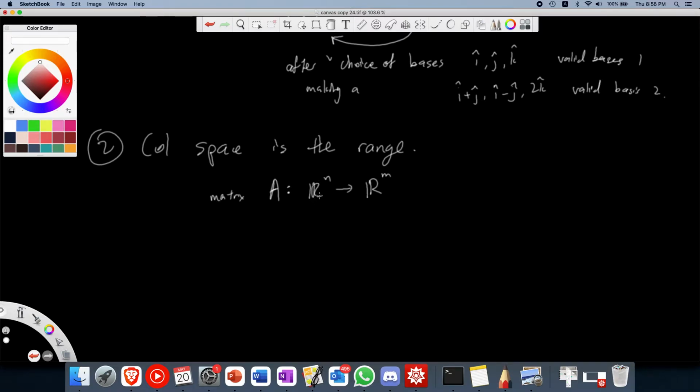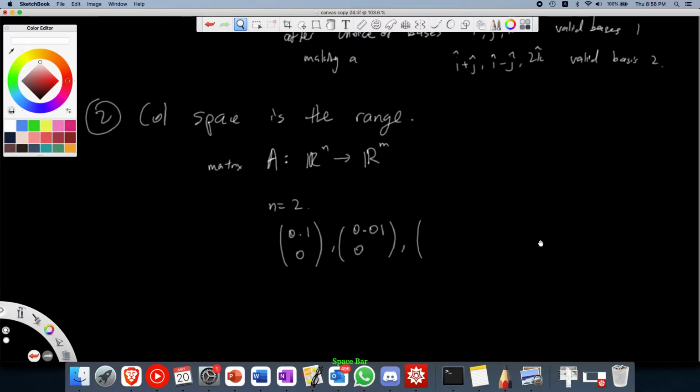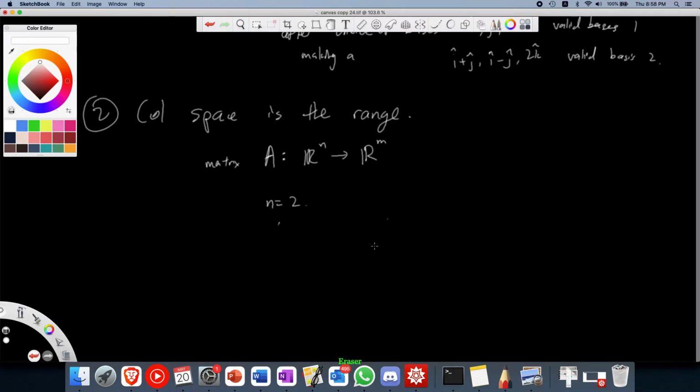choosing every single possible column vector in Rn, meaning that if, let's say, in the case where n equals 2, then we are thinking of 0.1, 0, 0.01, 0, all the possible 2 real numbers they can write down, and then we form each one of those combinations into a column vector.